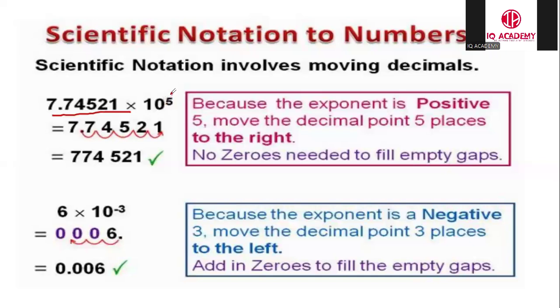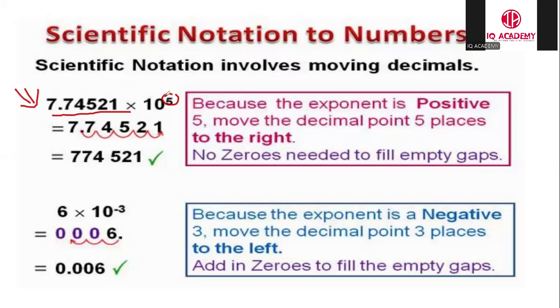This power 5 means that from the original number, they just moved 5 steps to the left, right? So if you want to represent it in the original way, we just have to move this decimal place 5 times in the opposite direction.